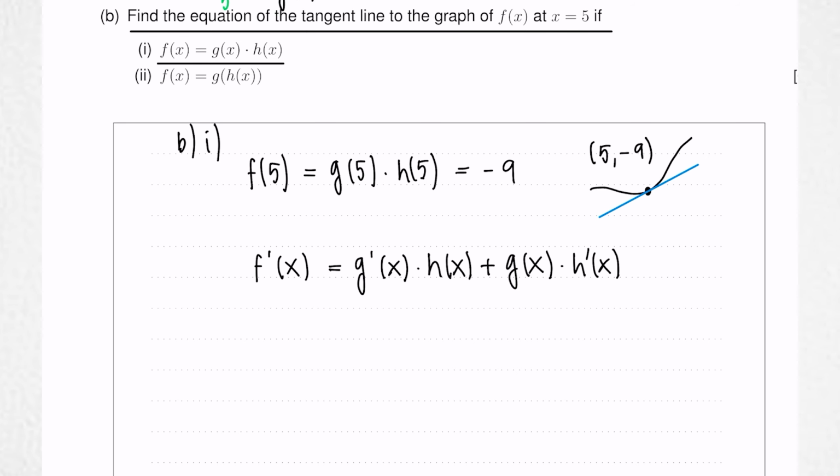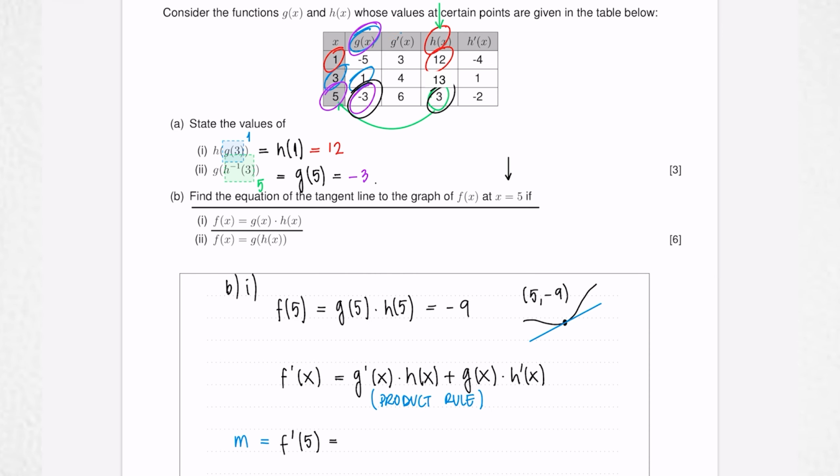This is us applying the product rule, which means that f prime of 5, which is the slope of that blue line, is equal to g prime of 5, which is 6, times h of 5, which is 3, plus g of 5, which is negative 3, times h prime of 5, which is negative 2. So we get 24 as the slope of this tangent line.